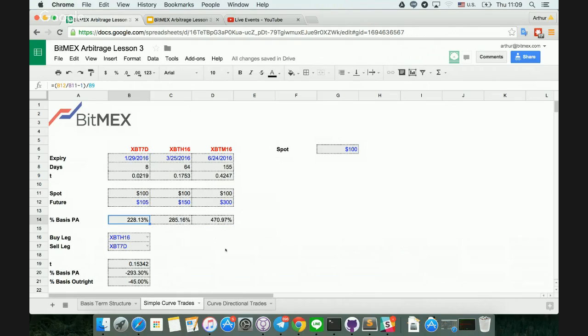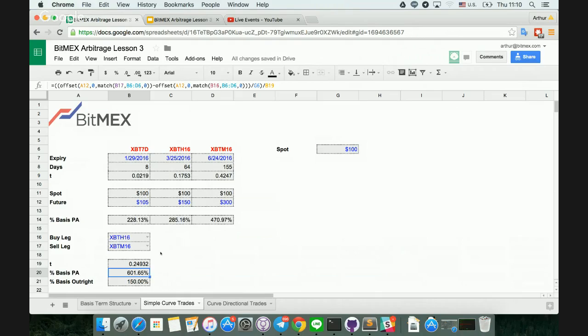So let's assume that we buy the H16 and we sell the June futures contract, M16. So what have we calculated here? What we want to know is what is the interest rate between the June and March period. So we've calculated the time value between these two contracts, and now we've calculated the percentage basis per annum between those two periods, which is 600%.